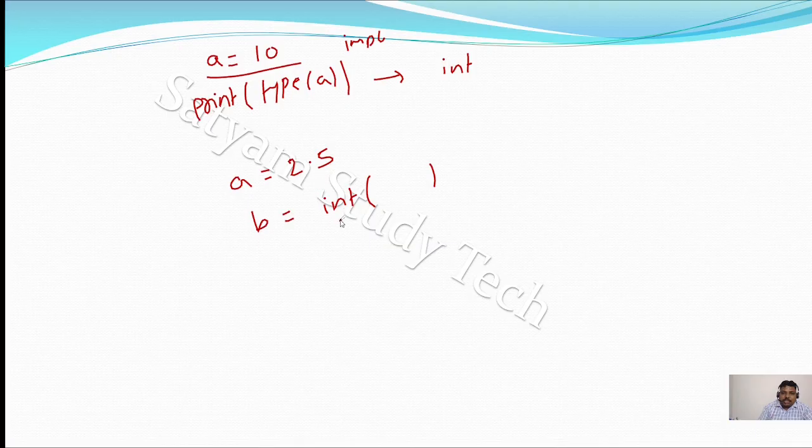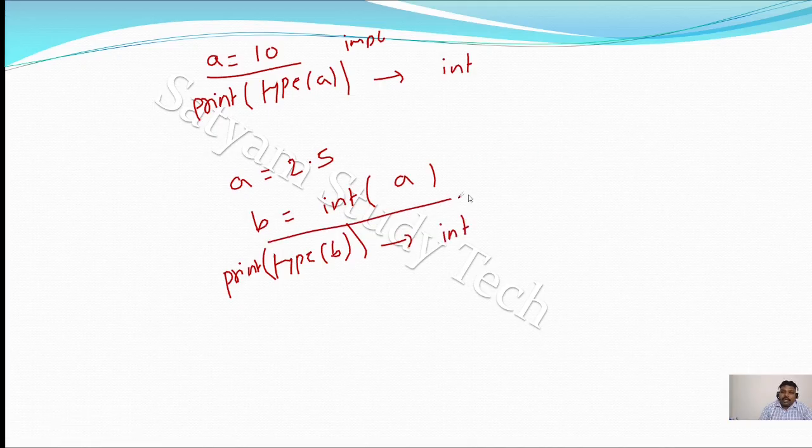So this a is converted into int type and you can assign that value to b. So what is the type of b here? If you print the type of b, here it is an int type. So this is called explicit type conversion, by using this int function here.